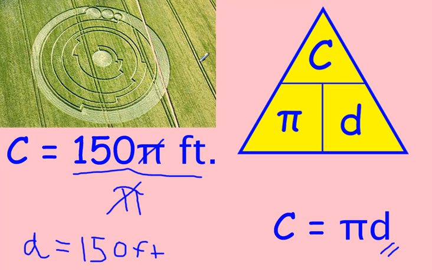Now, if we want the radius, that's just a simple process. If it's 150 in diameter, then just dividing by 2 is going to give me the radius. So here I would just take 150 and divide by 2, and I would get a radius of 75. And that was in feet, so I would like to label that as well.